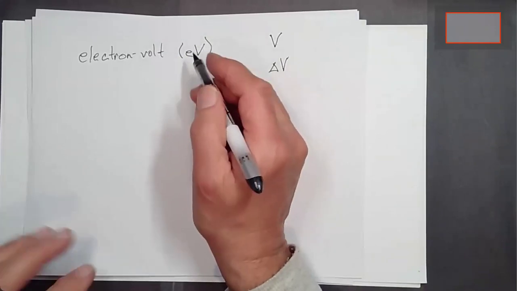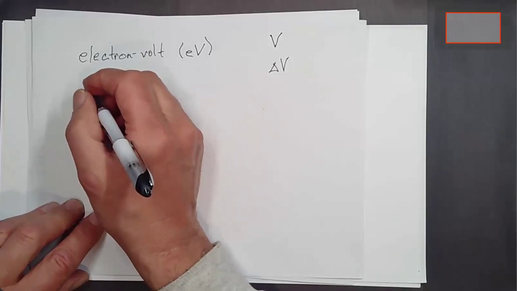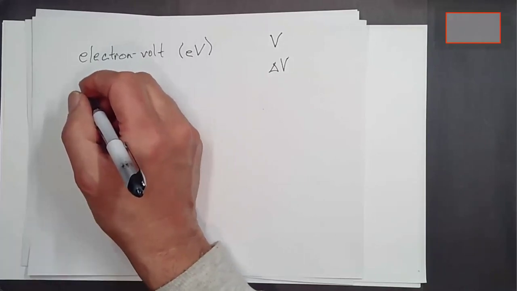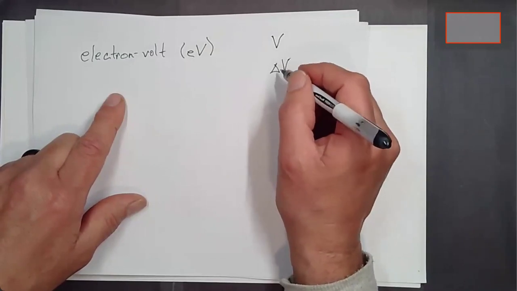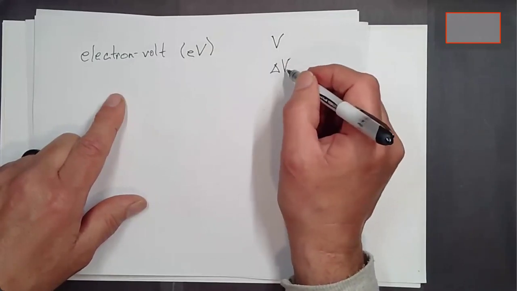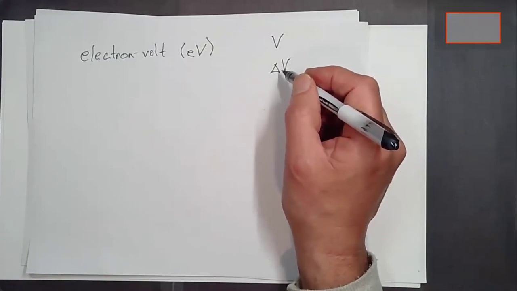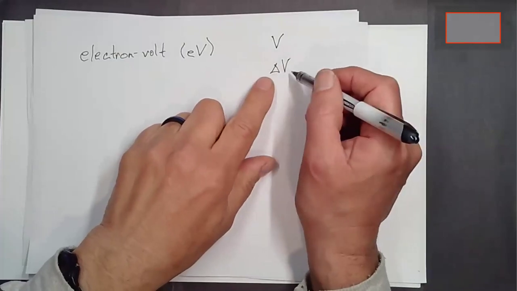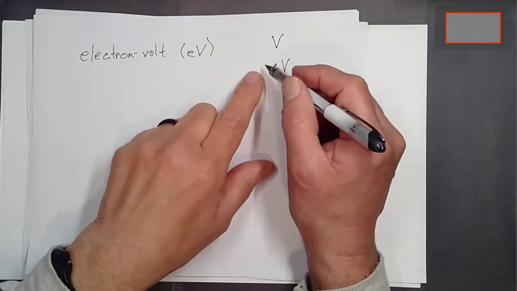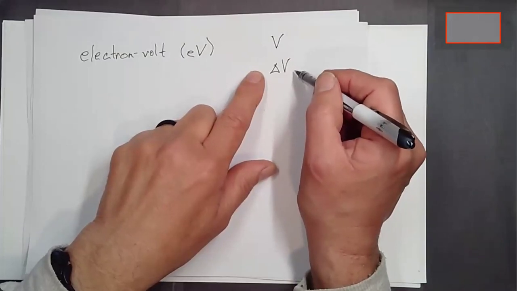All right, but the electron volt, it's a unit of energy. And when we take a delta V and multiply it by some amount of charge, we'll get amounts of energy. If you measure the charge in coulombs, you would get coulombs times joules per coulomb, and you'd get joules for the energy.